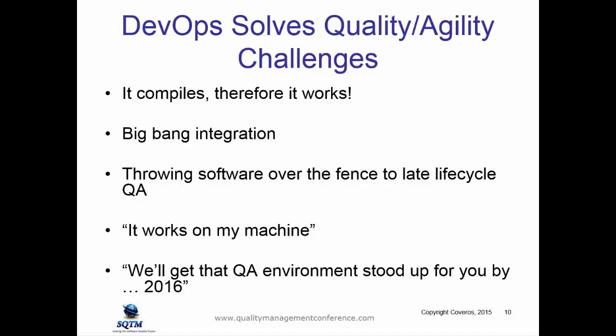This is a very dangerous thing from a quality and an agility perspective because typically those integration points are points of confusion and misunderstanding between people who are building and testing particular components or pieces of the application. And when we try to integrate things and do that all at the end, it can cause significant delays and quality challenges for our application.